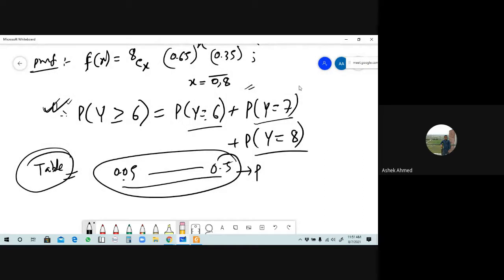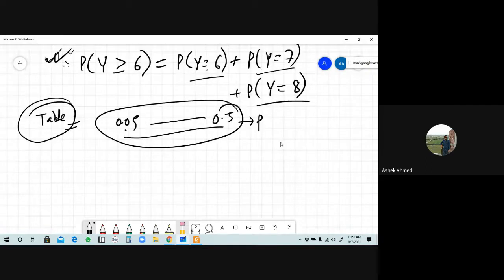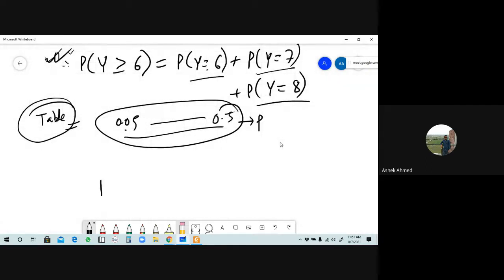For that case, we will write here the probability of y. Now first of all, the inequality is y greater than 6. First of all, we multiply both sides by -1. If you multiply both sides by -1, the result will be -y and -6.